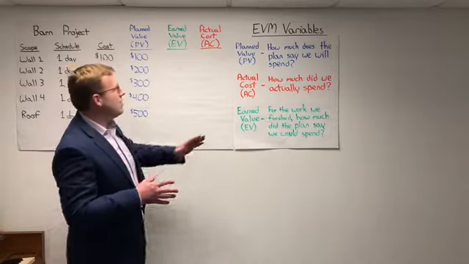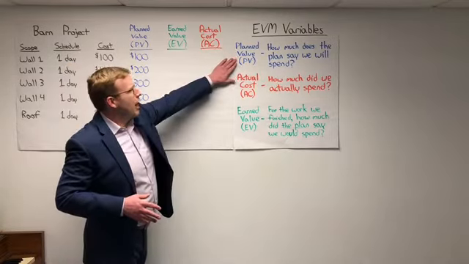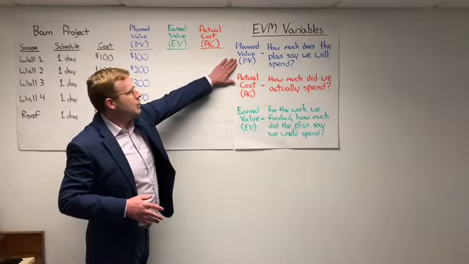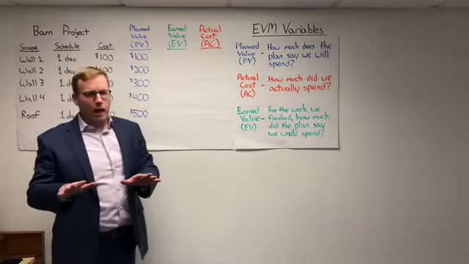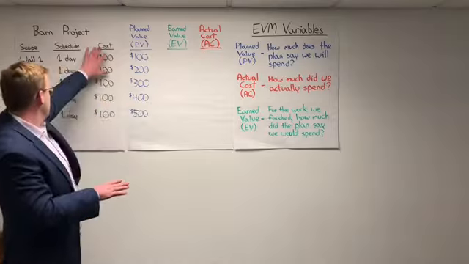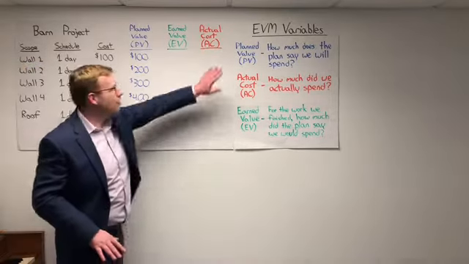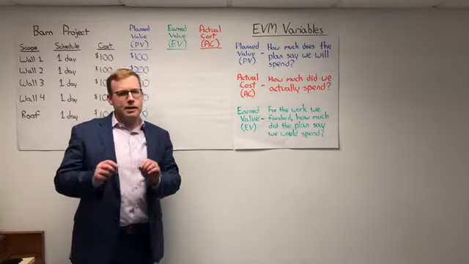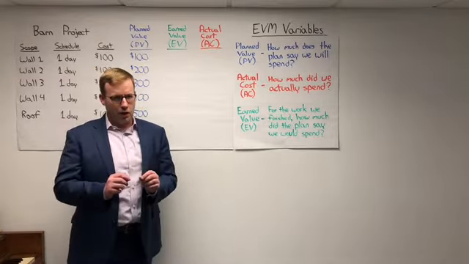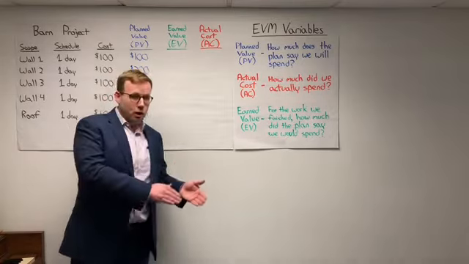So looking at these variables, planned value. How much money does the plan say we will spend? And I want to call aside that I said money. We're going to be looking at dollar values here, right? We're going to be talking about value in terms of dollars, but something we will see is that this dollar value number does not only represent cost on the project.